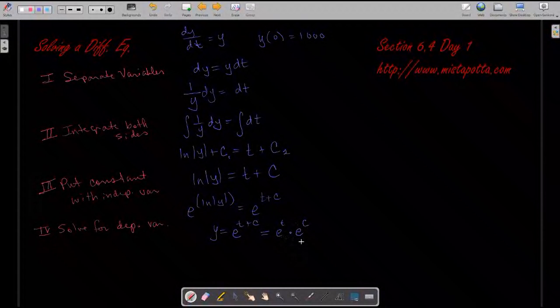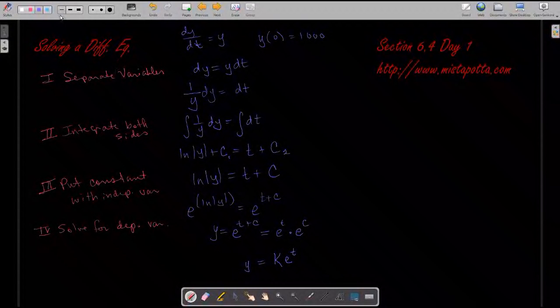And because e to the c is a constant, this is really some constant times e to the t that y is equal to. So I've got y equals k e to the t, where k is just this e to the c. K is just some constant of growth.